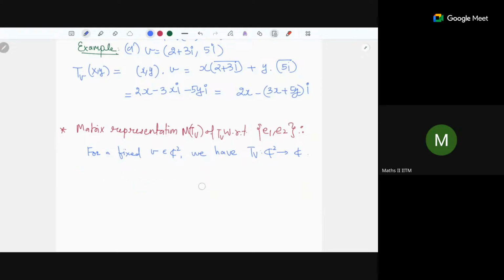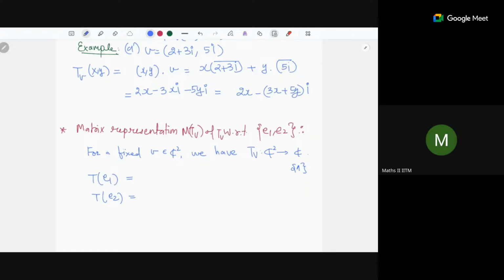First we start with the image of each of e1 and e2 with respect to the basis on the codomain. Now, what is the codomain? Codomain is C. So what is the basis of the codomain? We will take the basis to be just the singleton {1}.